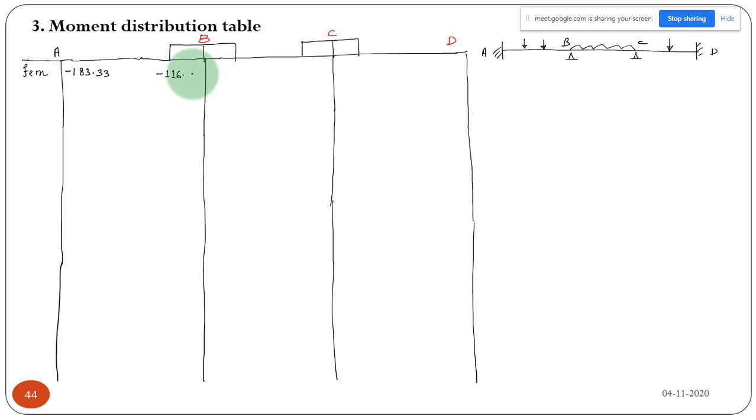You directly copy all the values from the first step. And FEM BC was 122.4 positive. FEM CB was 244.9 positive.